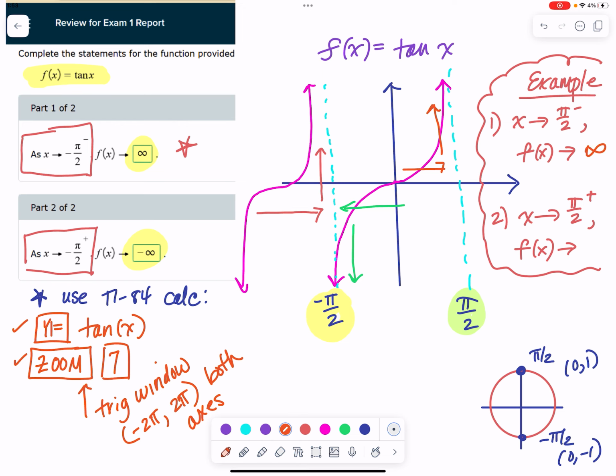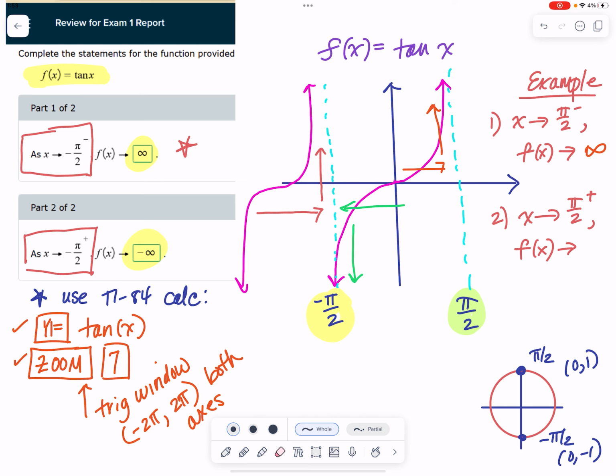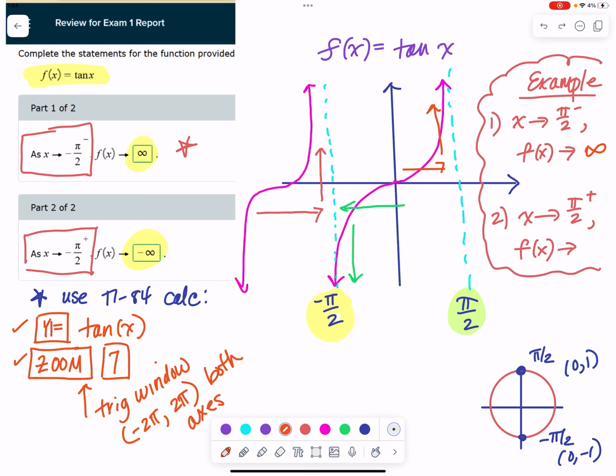Now, if I go ahead and approach pi over 2 coming from the right, I do need to see that other part of the graph. And again, this is what this graph looks like, something like that. So if I approach pi over 2 coming from the right, we know that that is negative infinity. So I sure hope that this helps.